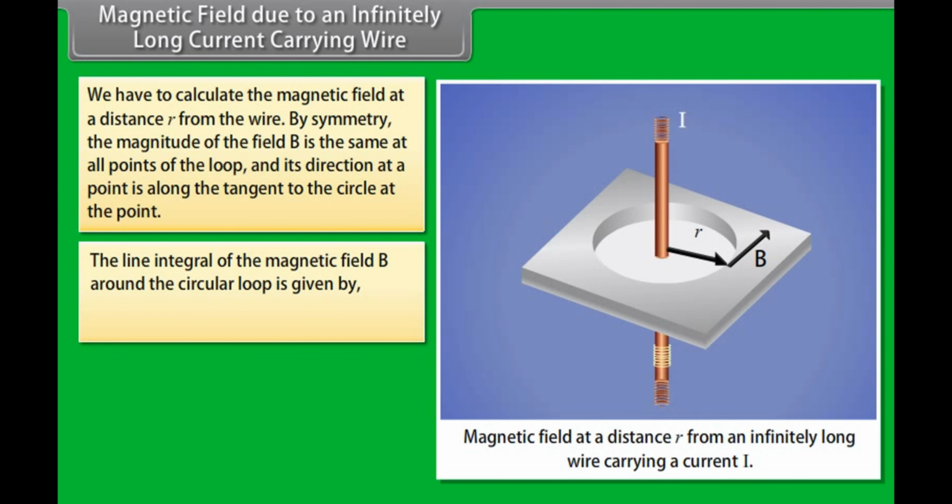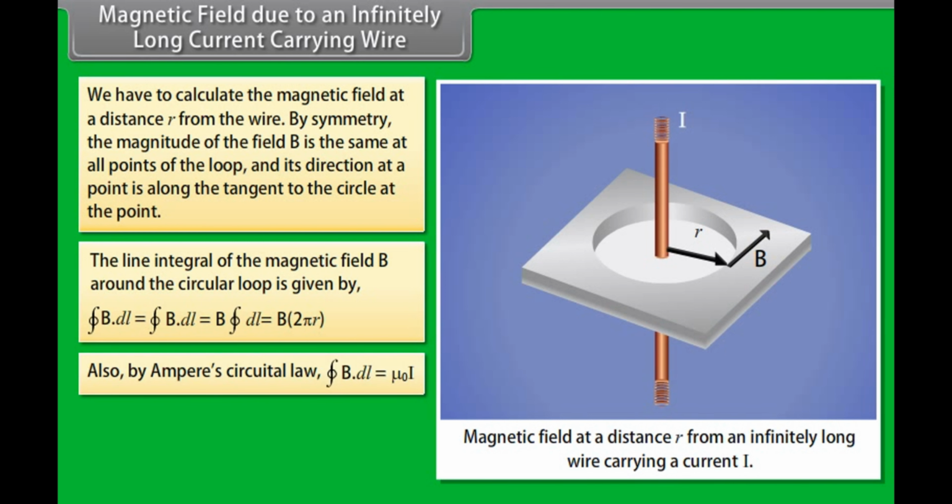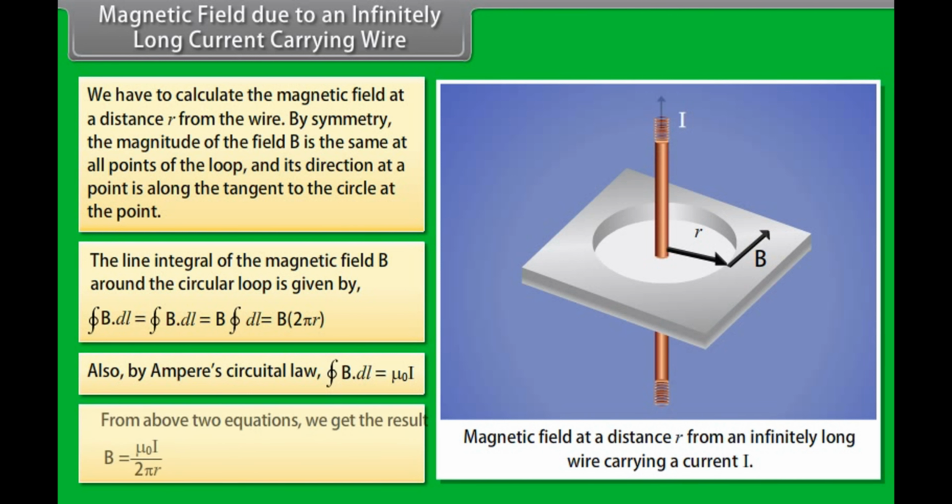The line integral of the magnetic field B around the circular loop is given by product B and 2 pi r. Also by Ampere's circuital law, closed integral of B dot dl is equal to mu naught I. From above two equations, we get the result B is equal to mu naught I divided by 2 pi r.